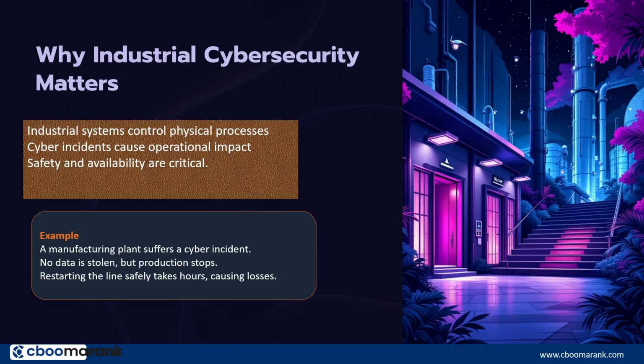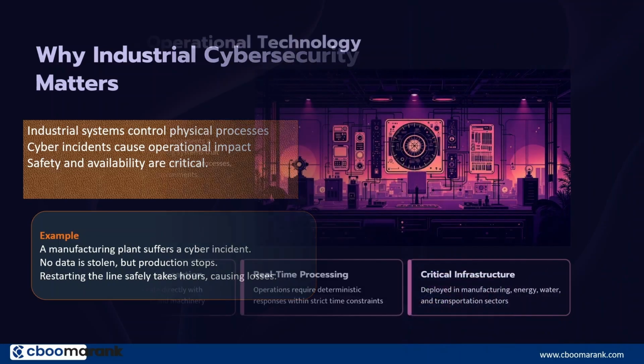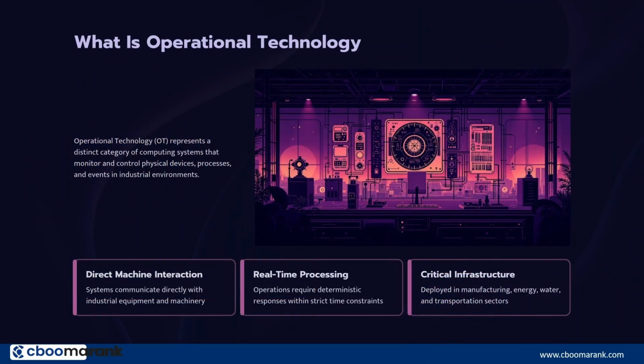Now let us move to operational technology. Operational technology represents a category of computing systems that monitor and control physical devices, processes, and events in industrial environments. These OT systems monitor and control the physical devices and industrial processes.